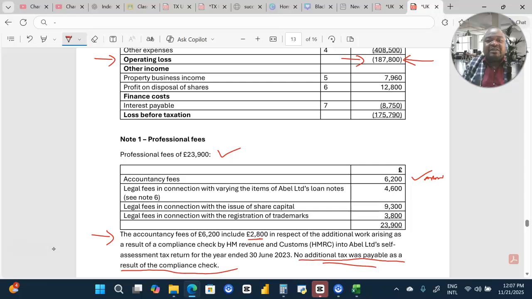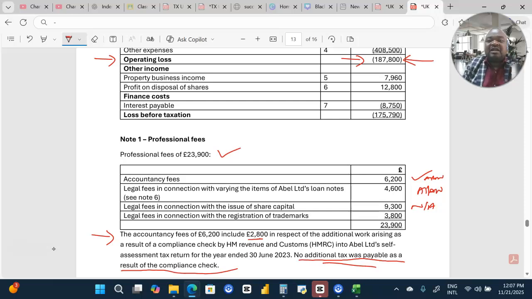Legal fees in connection with varying the terms of ABL's loan notes: when we take loans, there are always legal fees, and those fees are allowable. For loans, that's allowable. But to raise equity capital, those are not allowable.